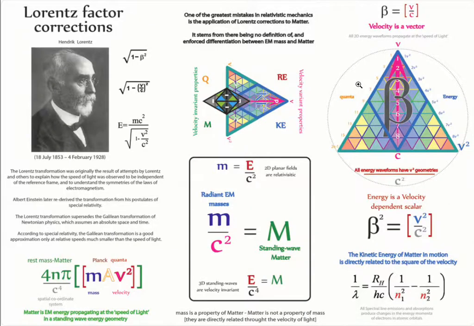Again, the Lorentz velocity factors, or the correction factors, beta, are just the result of the energy momenta per chem field. The standing wave matter is Lorentz invariant. It's not subject to changes because it is a fixed amount of mass energy that's circulating at the speed of energy in a standing wave.